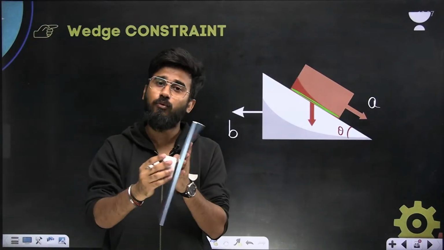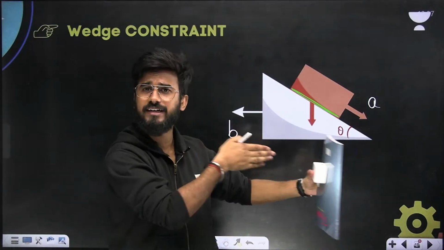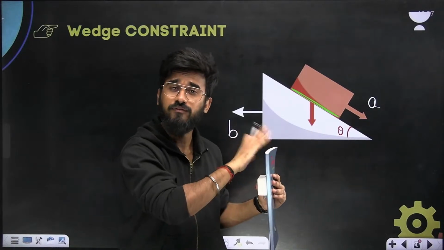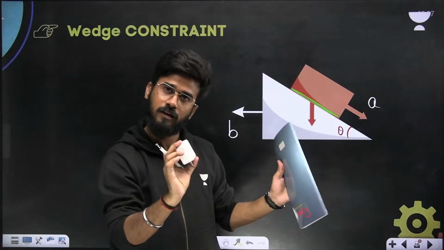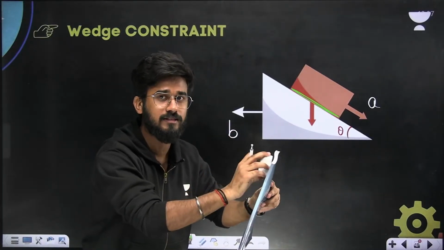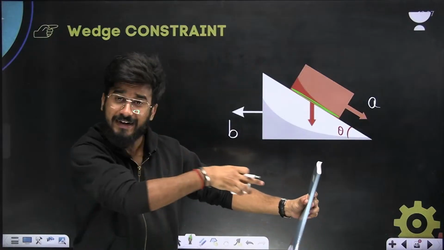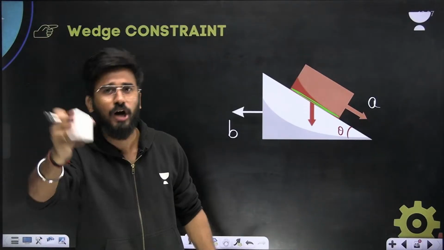It means whatever the velocity perpendicular to the contact surface of this particular wedge is, the same should be the velocity of the block. What I'm saying is that the velocity of this particular system perpendicular to the surface should be equal to the velocity of the block perpendicular to the surface.